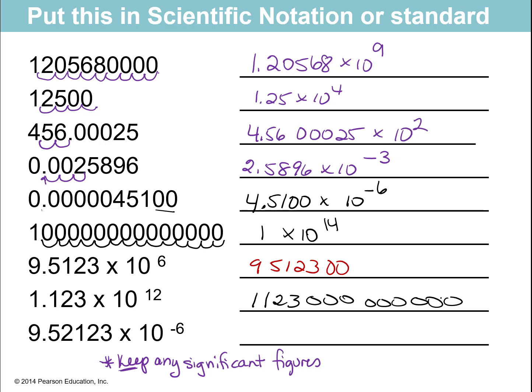But then with this last one, 9.5123 times 10 to the -6, the decimal place goes to the left. So 9.5123 will end up with 1, 2, 3, 4, 5, 6, decimal place 0. So I had 5 zeros in front of the 9, then the decimal place.